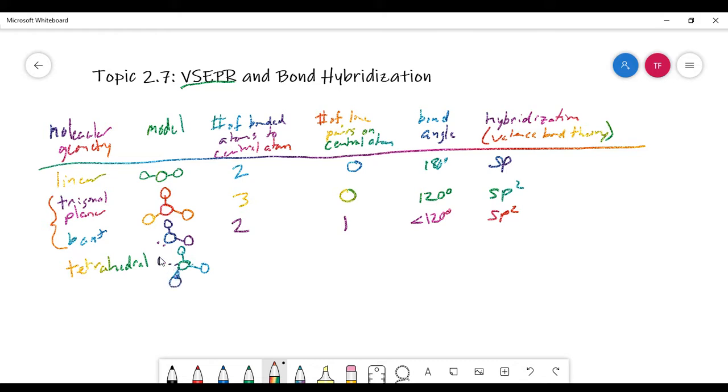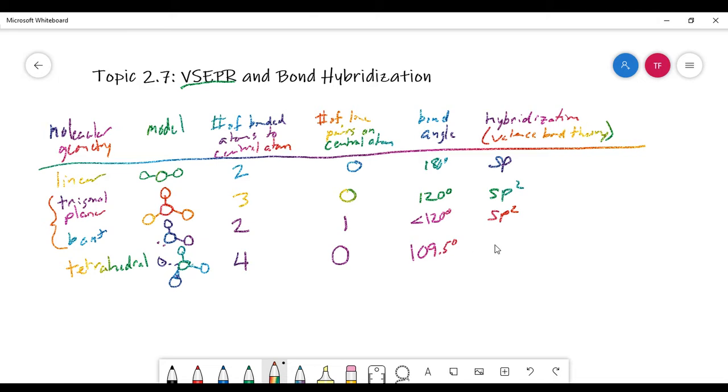Here, you're going to have a 3-dimensional structure that looks like a little pyramid, kind of pyramidal on the bottom with 1 on top. And we have 4 bonded atoms in this particular structure. If you look at it, there's no lone pairs on that central atom. And so the bond angles, and this is a really tricky one that's very hard to calculate, but the bond angles here are 109.5 degrees.